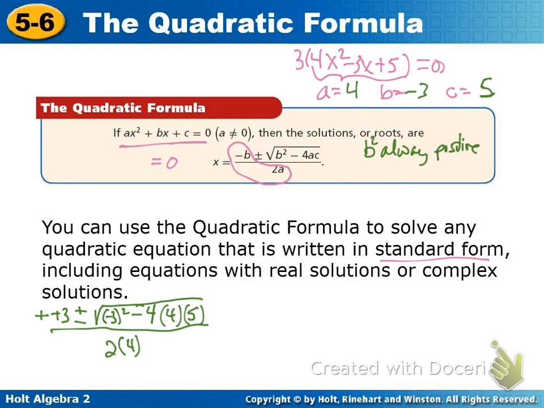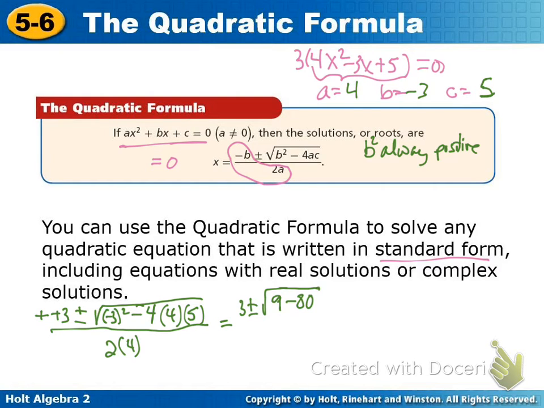You can use the calculator for adding that up. So let's do the inside. 3 squared is 9. Now let's multiply all this together. I've got 4 times 5, which is 20, and then 20 times negative 4 is negative 80.